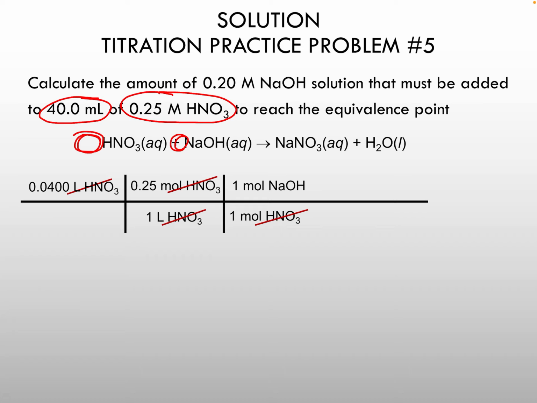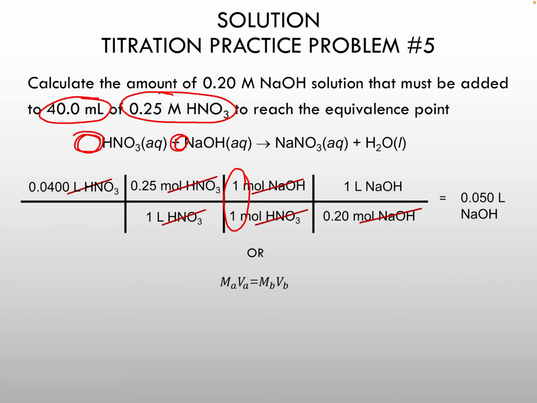And then we can use the molarity of our sodium hydroxide to convert from moles of sodium hydroxide to liters of sodium hydroxide. So again, if you have something that's not reacting in a 1-to-1 ratio, we can account for that using the coefficients from the balanced chemical equation. But most of them that we will be using will react in a 1-to-1 ratio.